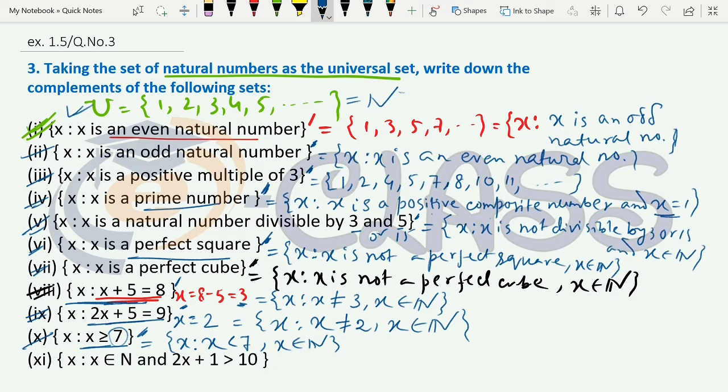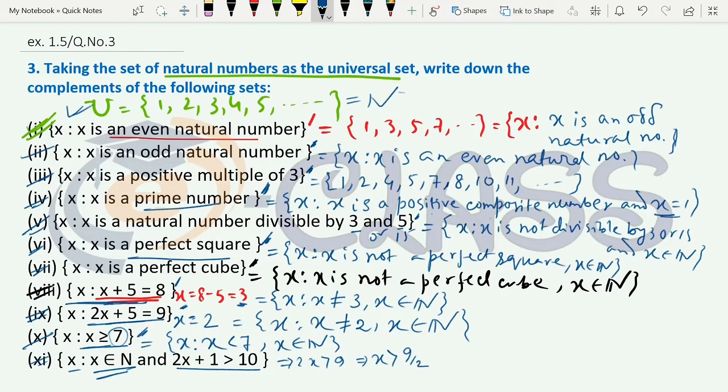Now the last question, 11. It says x belongs to N, that is, the elements of this set belong to N, and 2x plus 1 is greater than 10. If you solve this, you get 2x greater than 9, or x greater than 9 by 2.